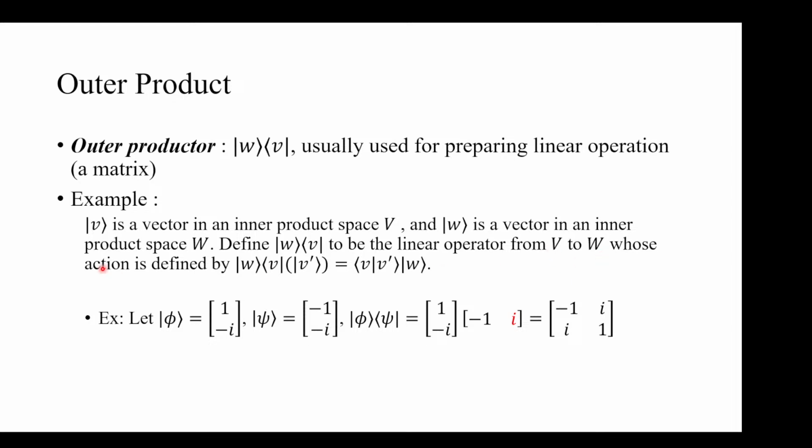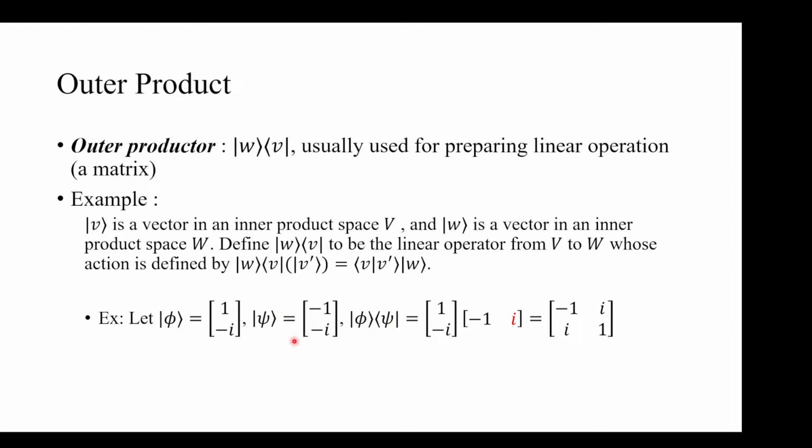For example, if you have the psi ket vector as (1, -i), and the phi ket vector as (-1, -i), then we can write this outer product as phi ket times psi bra.